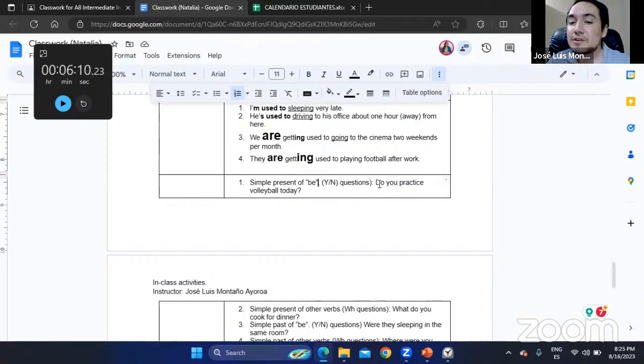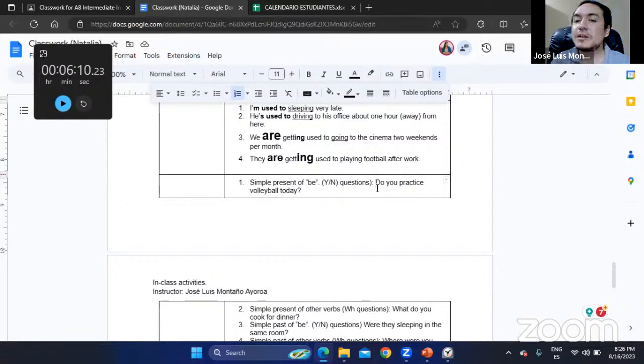All right, so here, if you analyze, you don't have the verb to be, right? This is only simple present of other verbs. So what could it be? One yes/no question, Natalia, of simple present of be, only the verb to be. Are you practice volleyball today? But that's going to be, are you practice? It's going to be incorrect, right?